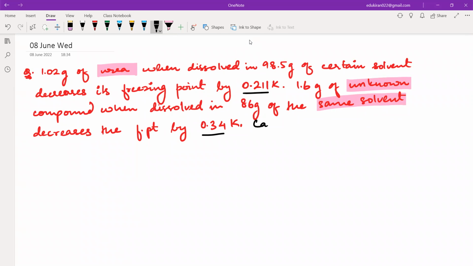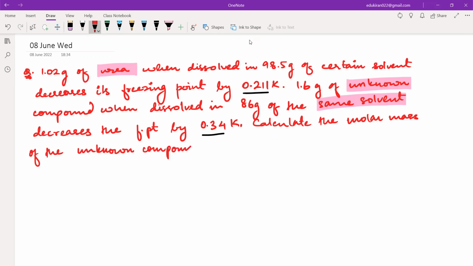They are asking to calculate the molar mass of the unknown compound. Okay, please write this question.